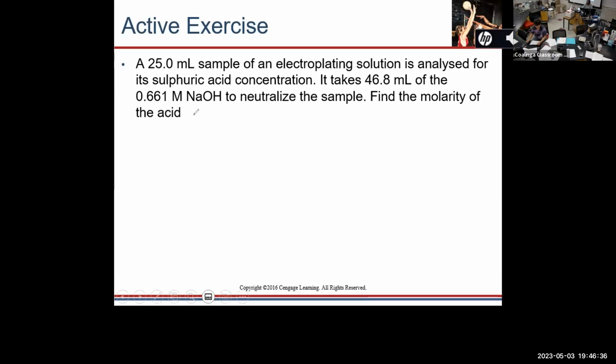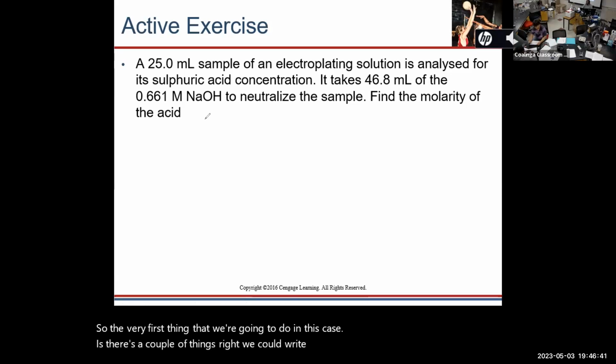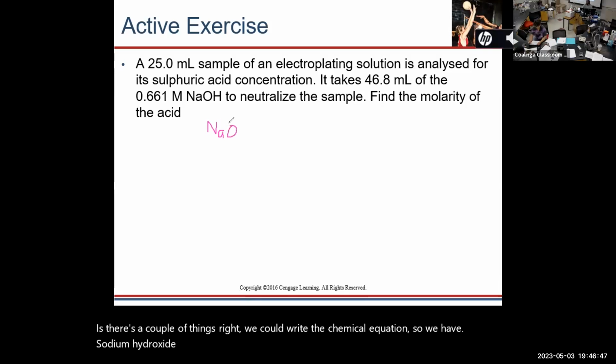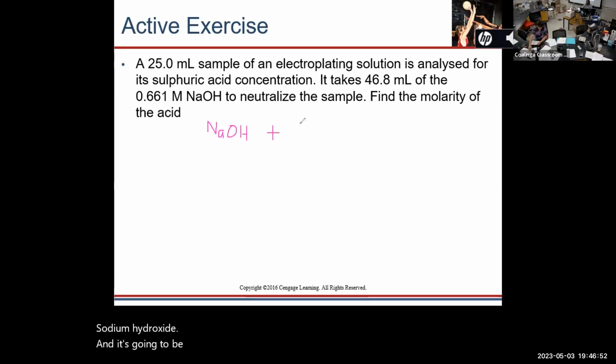So the very first thing that we're going to do in this case is, so there's a couple of things, right? We can write the chemical equation. So we have sodium hydroxide, and it's going to be reacting with sulfuric acid. We know that this is what type of reaction?